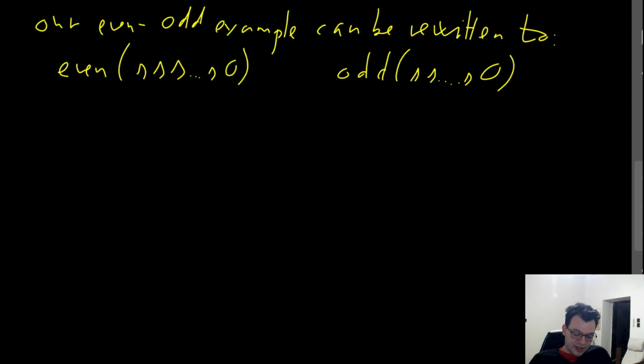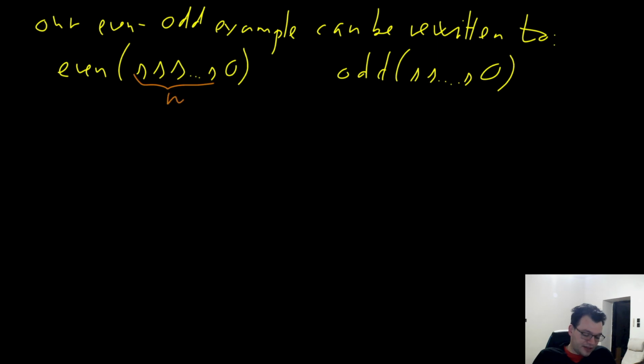So let's just denote these guys. So if you have a number n of s's here and it can be 0, let's call this Pn and let's call this Qn. So basically instead of even 0 I will say P0, and instead of odd of s of 0 I will say just Q1, and so on, right?